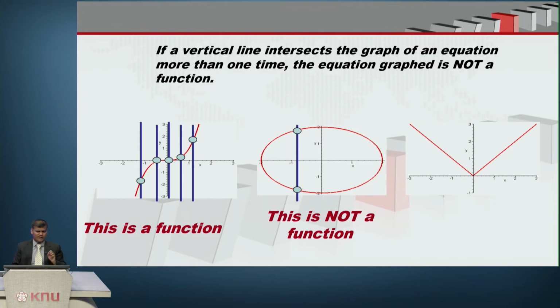If the vertical line intersects the graph of an equation more than one time, then this equation graph is not a function. You could also try to put the values in tables, write them down, and check for yourself. Look at this one.